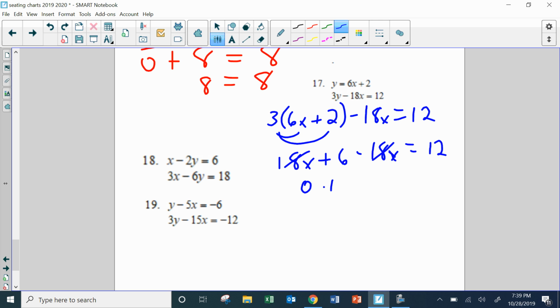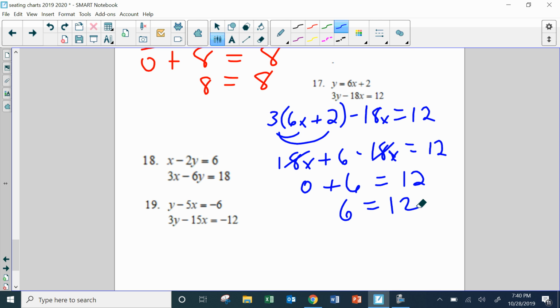So I get 0 plus 6 equals 12, so I ultimately get 6 equals 12. Well, that is not true. There's no way that will ever be true, which means there's no solution to that problem.